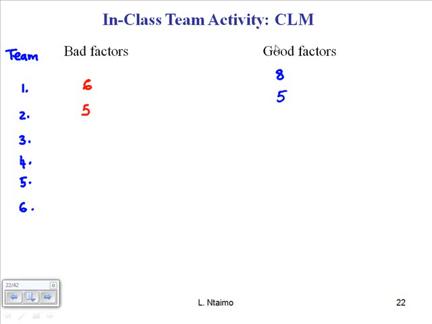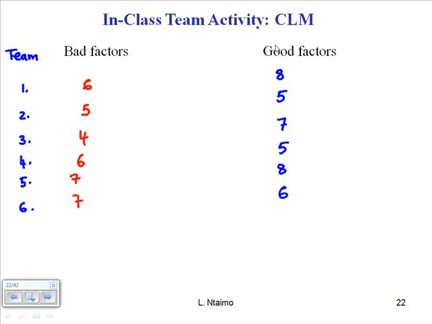Okay, team number 3. 4 bad and 7 good. And then team number 4. We have 6 bad and 5 good. And then team number 5. 7 and 6. Okay.